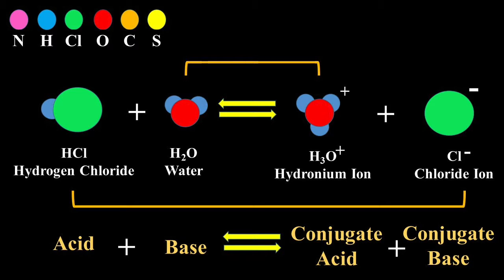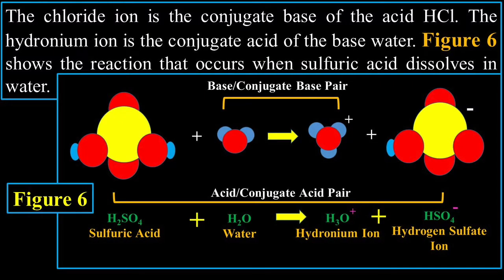Here is the reaction where you have clearly listed the conjugate acid and conjugate base from the hydrogen chloride and water, and the molecular geometry is, I tried to show a little bit there. So where you're looking kind of down on it, the chloride ion is the conjugate base of the acid HCl. The hydronium ion is the conjugate acid of the base water.